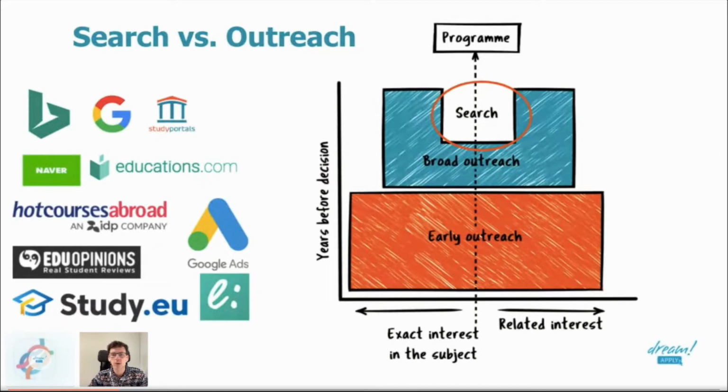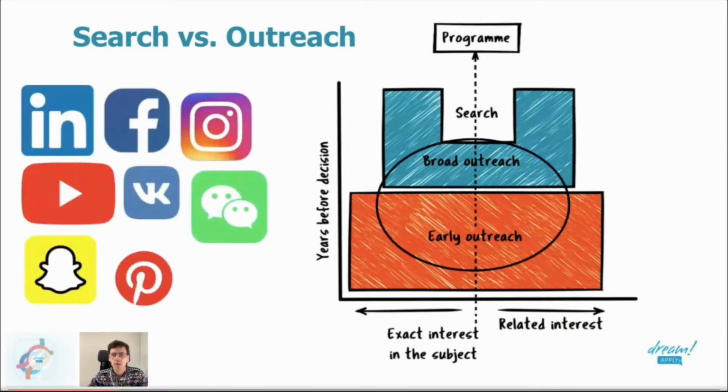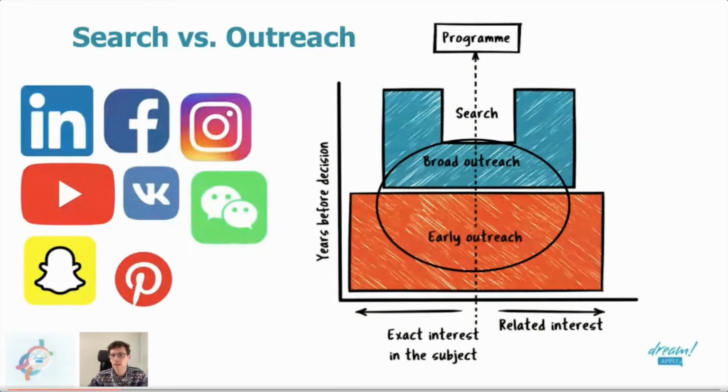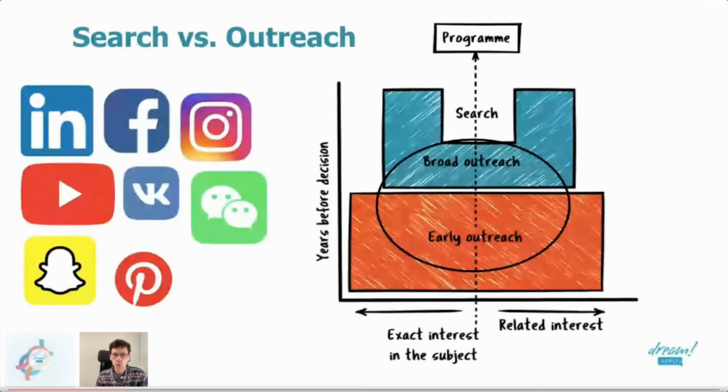So that's where broad outreach and early outreach come in. And that would be basically all the other portals. Again, this is only a subset. And you might wonder, what does Pinterest do here? But if you are in a fashion school, for example, it may make perfect sense to be very dominantly present on Pinterest. So you have a very broad choice here of which platform to choose to tell your story and make people interested in finding out more.